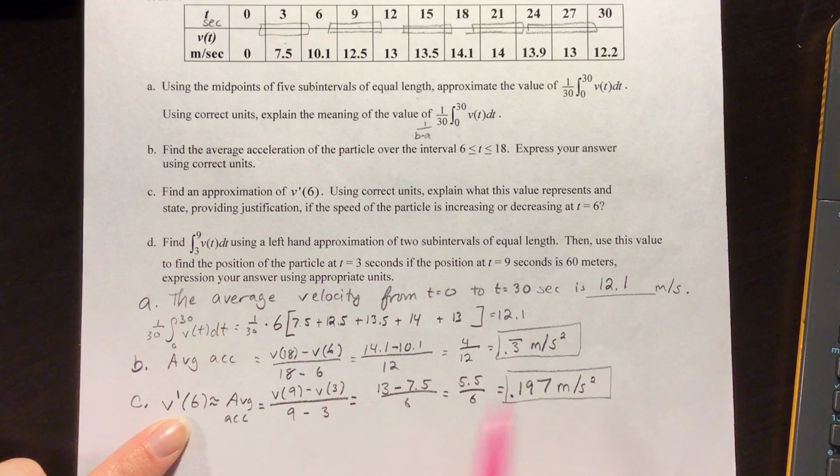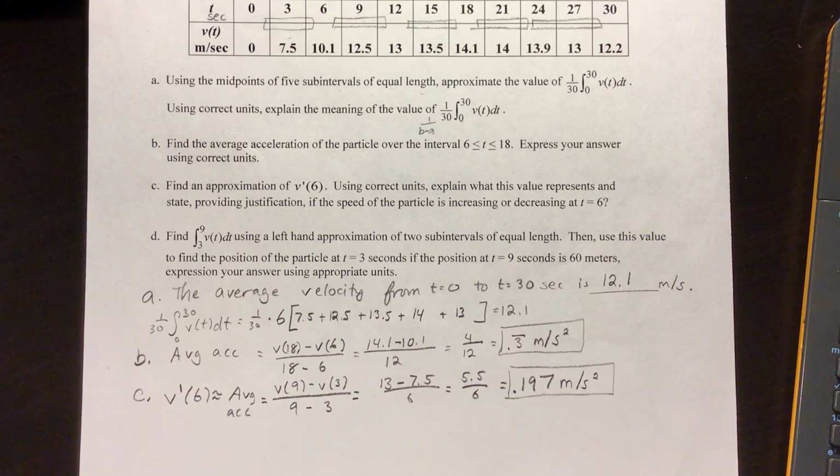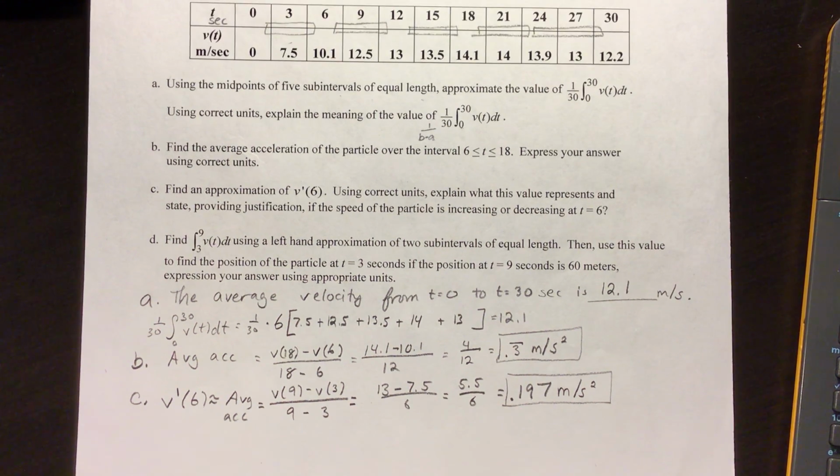If your velocity and your acceleration, I'm pointing at v prime, have the same signs, then you will have an increase in speed. Our velocity at t equals 6 is positive. Our acceleration at t equals 6 is positive.